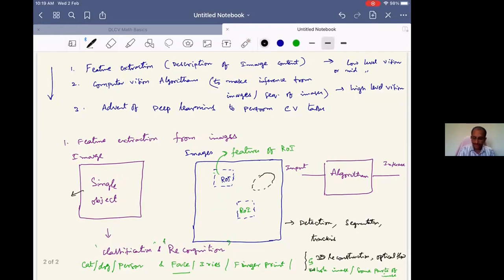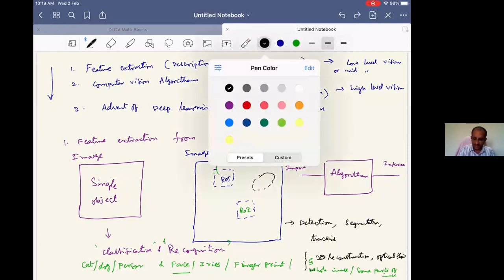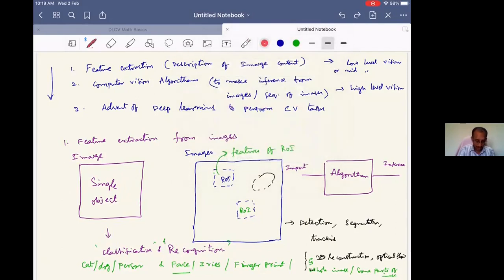When we want to perform feature extraction, what is feature extraction to be done is what to look, in an image. Okay, that is the feature extraction. Here, what do we mean by feature extraction?